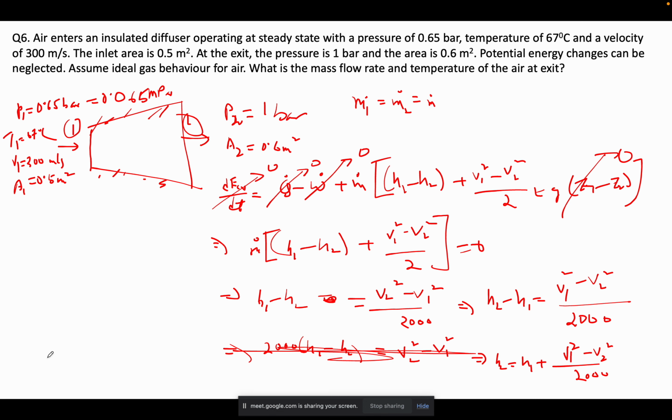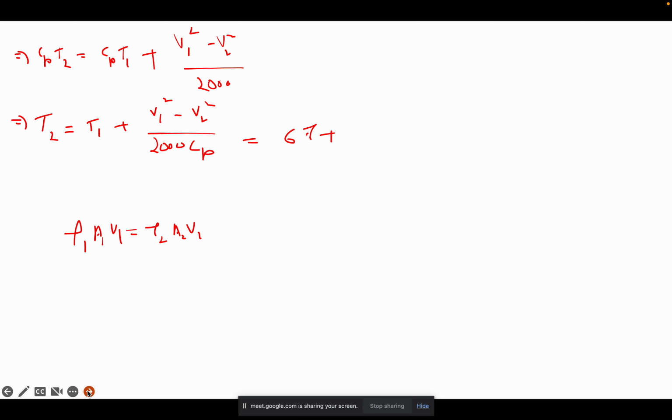Fine. Then what will be your rho 1? P1 by R T1 times A1 V1, and this will be P2 by R T2 times A2 V2.